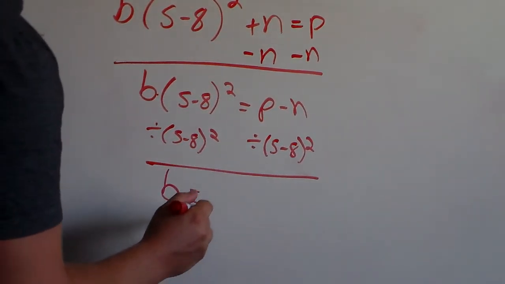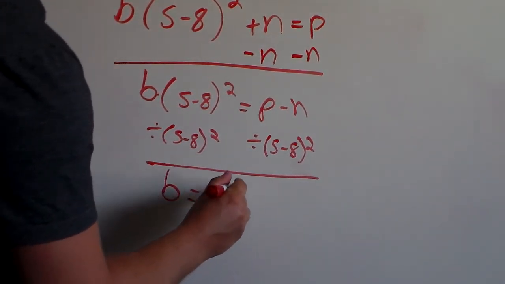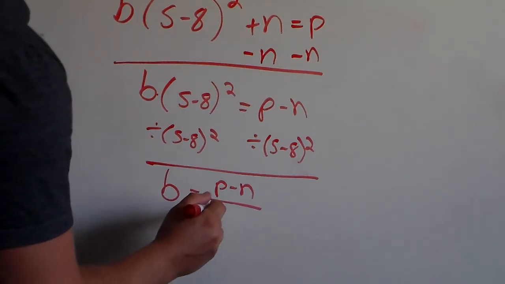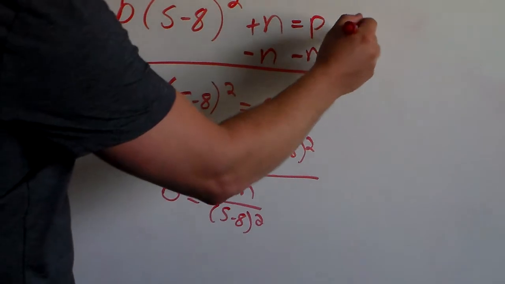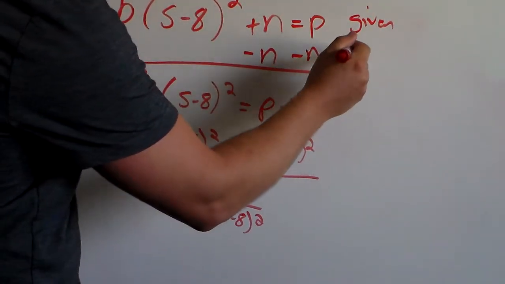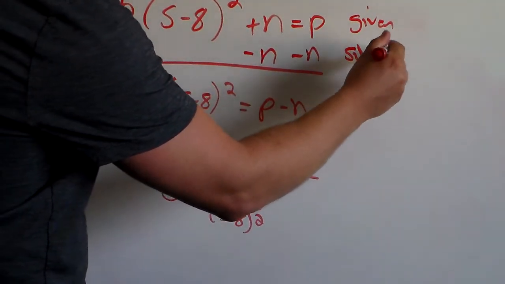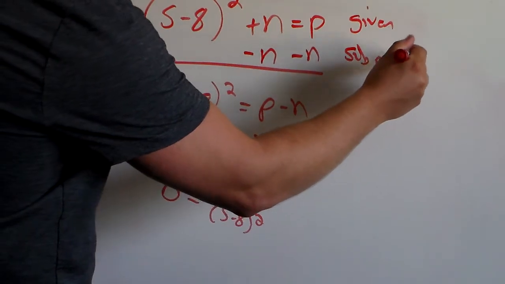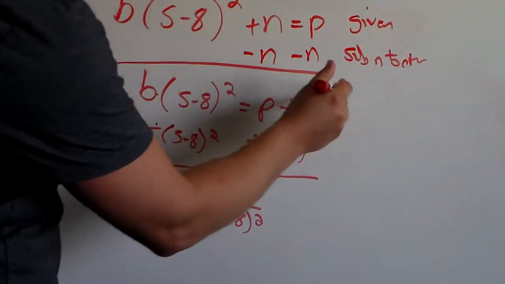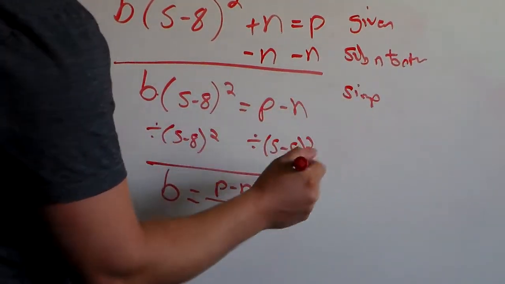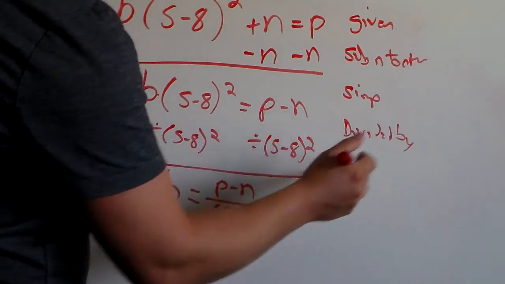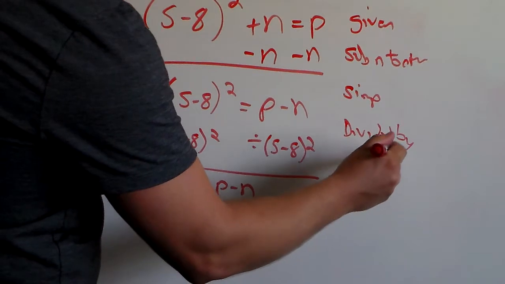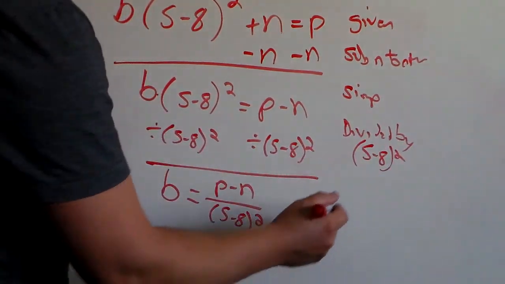So B equals P minus N over (S minus 8) squared. First step was given. Next step was subtract N from both sides. Then I simplified. Then I divided by (S minus 8) squared on both sides. And then I got my solution.